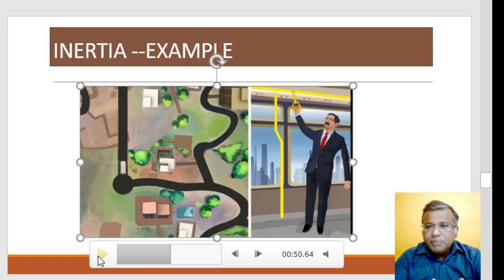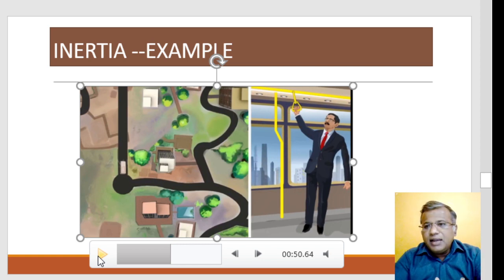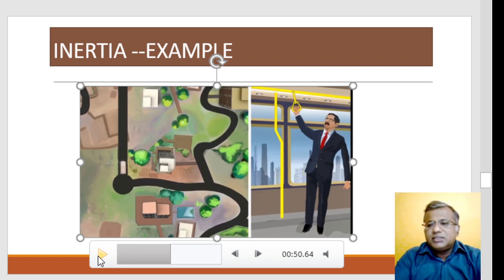Left side, because you are maintaining the inertia of which one? Direction. And again the lower part is moving to the right side, your upper part is in the directional motion which is in a straight line, and that's why you feel as if you are being tilted in the opposite direction. So this is an example of which one, inertia of which one? Direction, right?